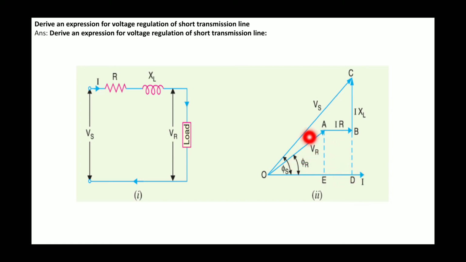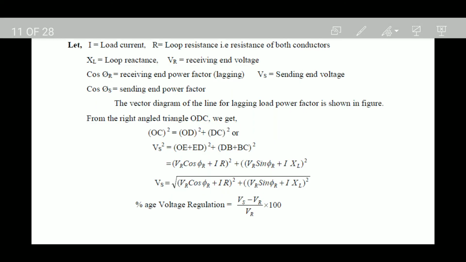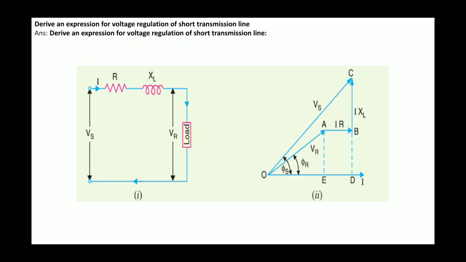Next, from this point A and B, I into R is the voltage drop across the resistor. Then next is I into XL, the voltage drop across the inductor.